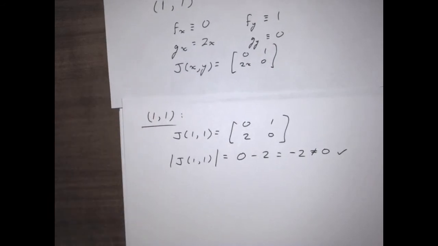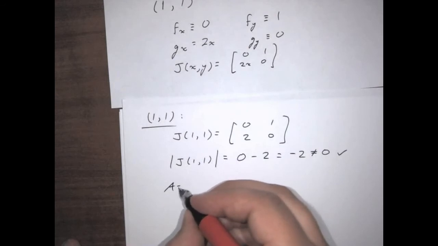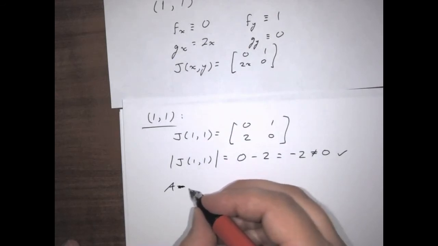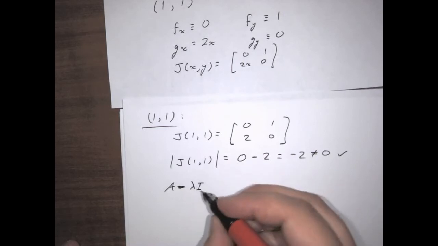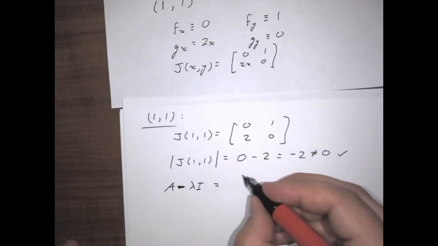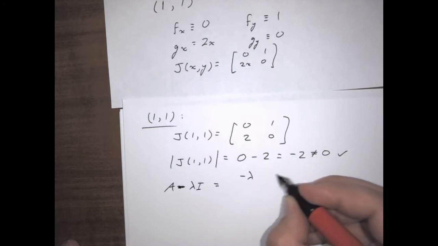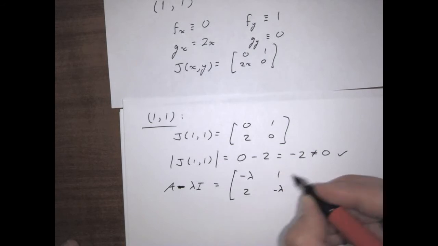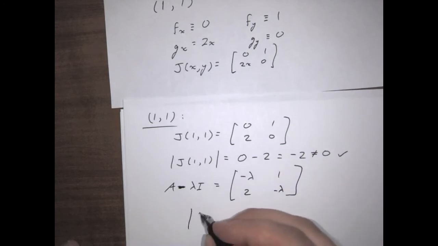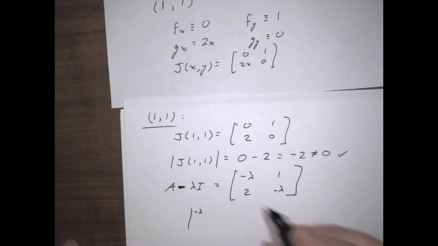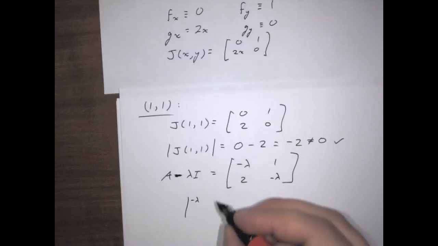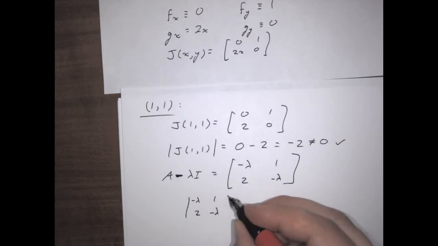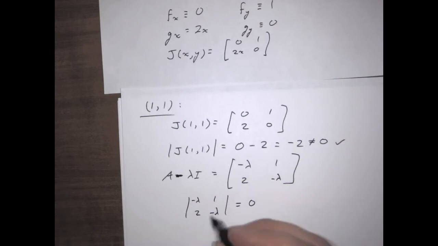Okay, now if A is going to equal that, just calling it A for convenience really, and here we'll cut to the chase, A minus lambda I is going to be negative lambda, 1, 2, negative lambda. So that's what we are talking about when we're taking the derivative and setting it equal to 0. Determinant of that equals 0.